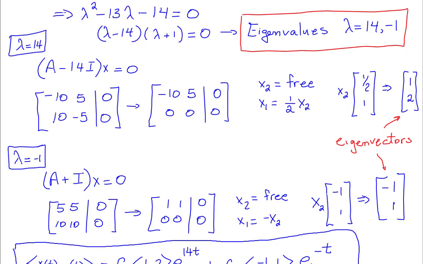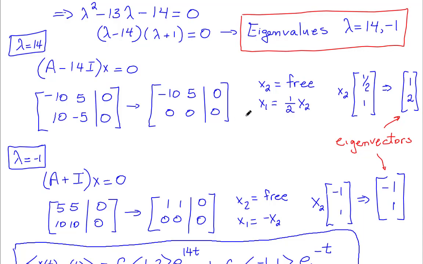Alright, so using my first eigenvalue of 14, I solve A minus 14I times some x is 0. So when you take A and you subtract 14 down the diagonals, you get this particular matrix. And then if you add the two equations together, the second row is all zeros.